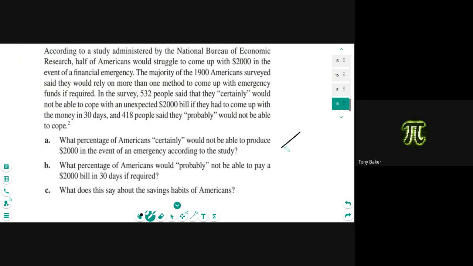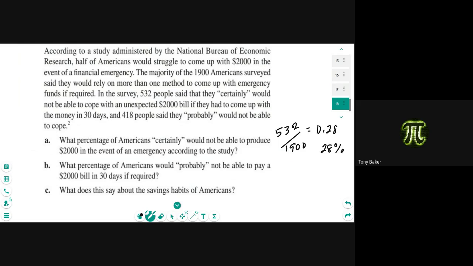The bottom number is 1,900. And how many people certainly wouldn't be able to do it? 532. So divide that. What do you get? 0.28, or 28%. So 28% of the population would certainly not be able to produce $2,000 in the event of an emergency.